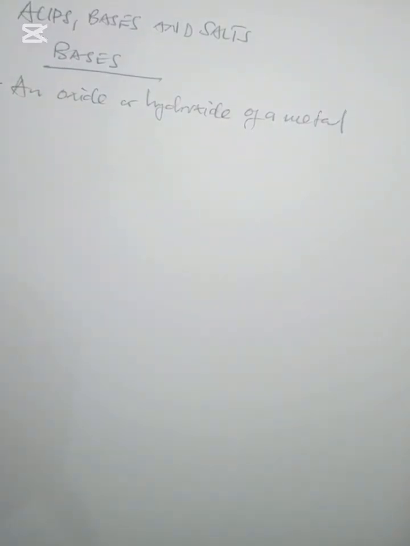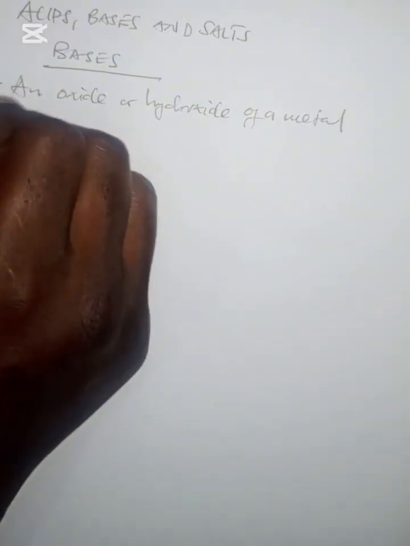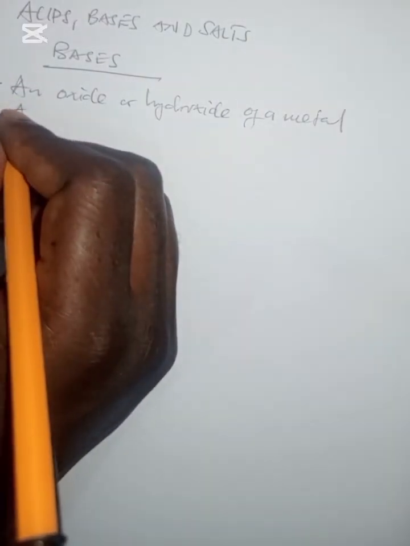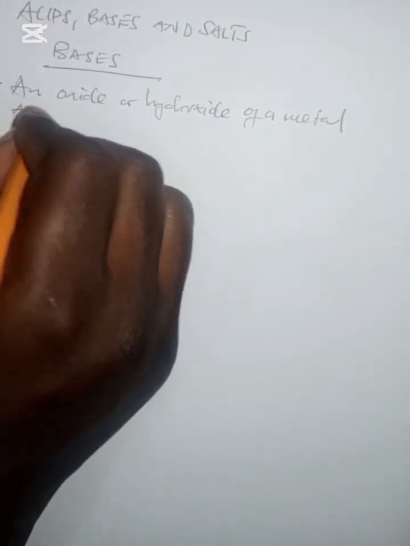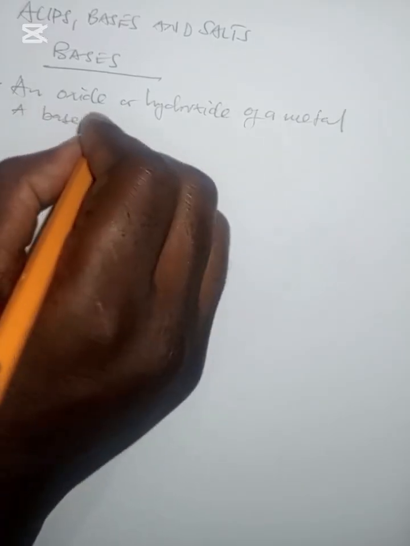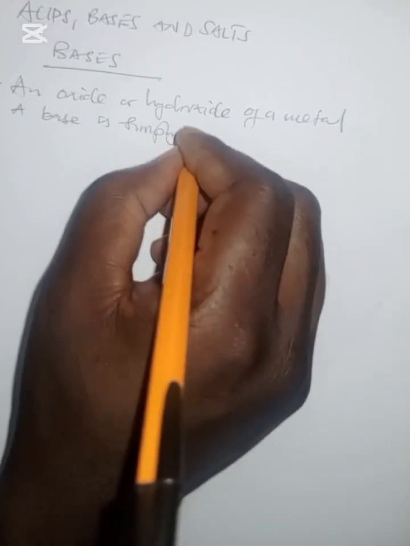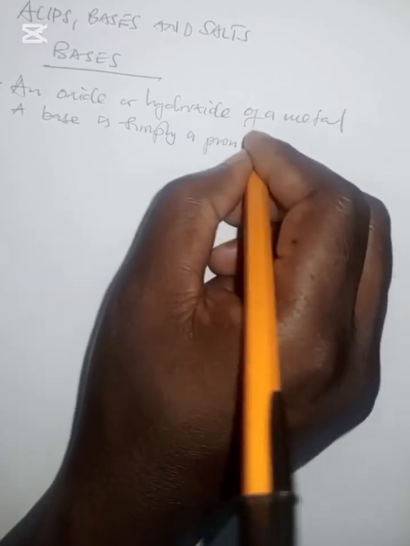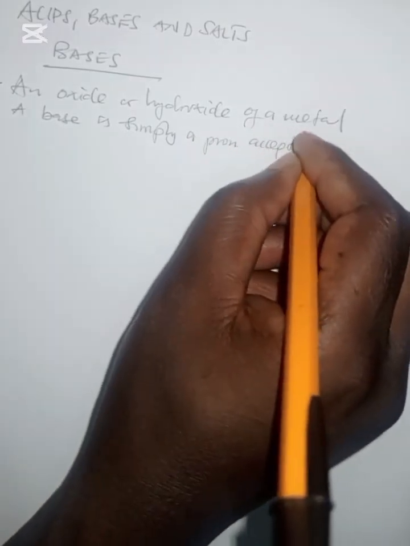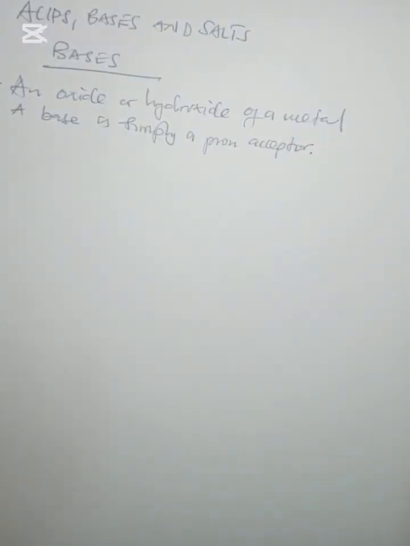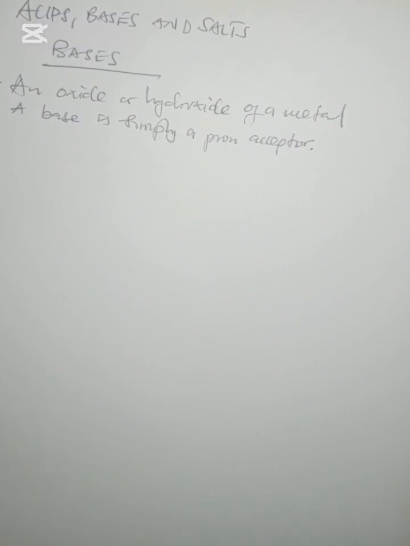Or you can simply say a base is a proton acceptor. A base is simply a proton acceptor. So you can also define a base in that way.